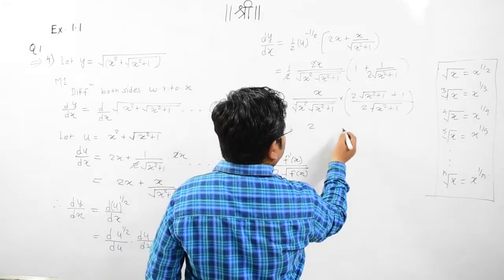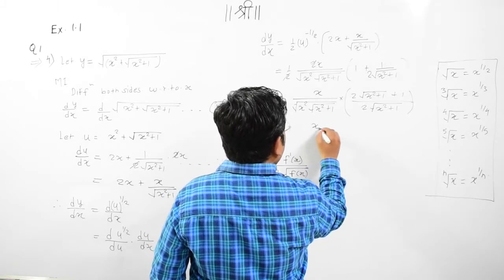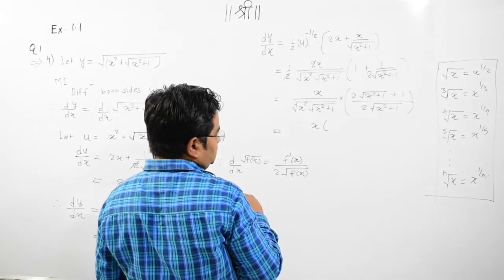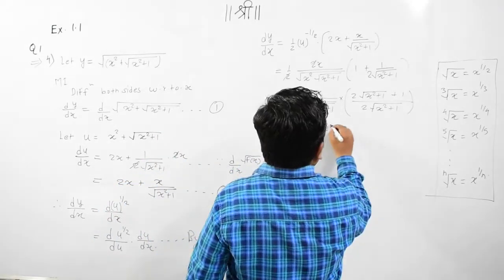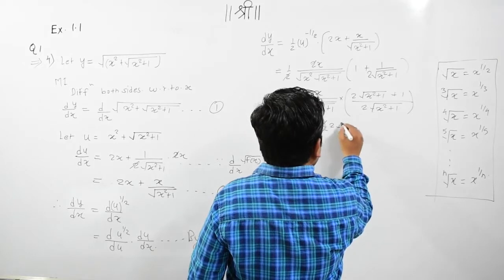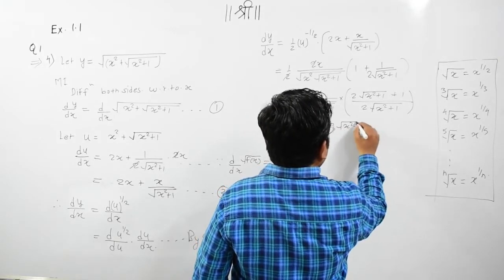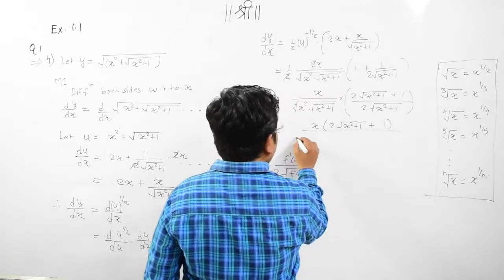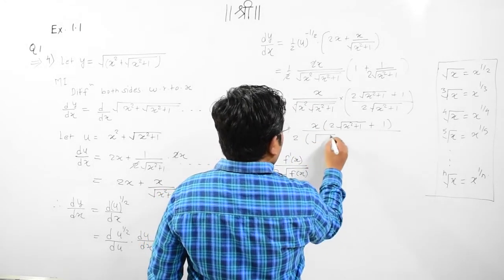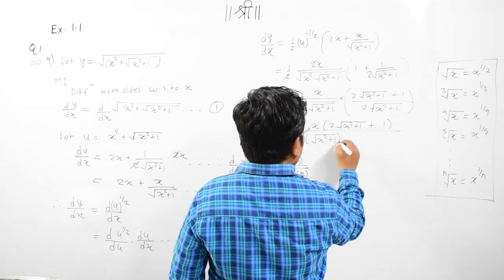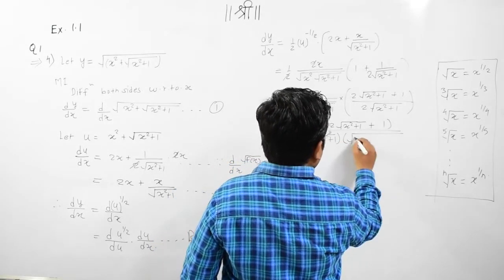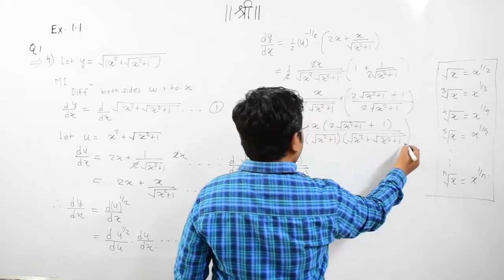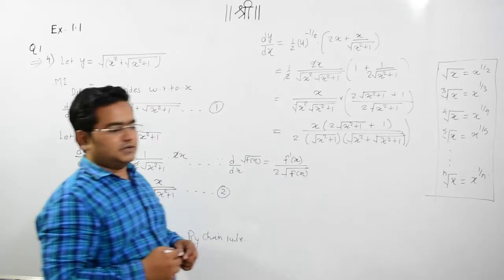So 2 only x into, how much? X into 2 under root of x square plus 1, okay, plus 1 divided by 2 under root of x square plus 1 into under root of x square plus under root of x square plus 1. Okay, that's what the final answer is.